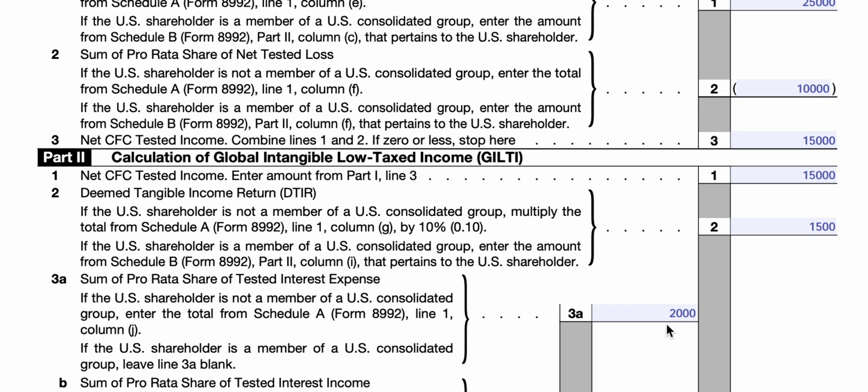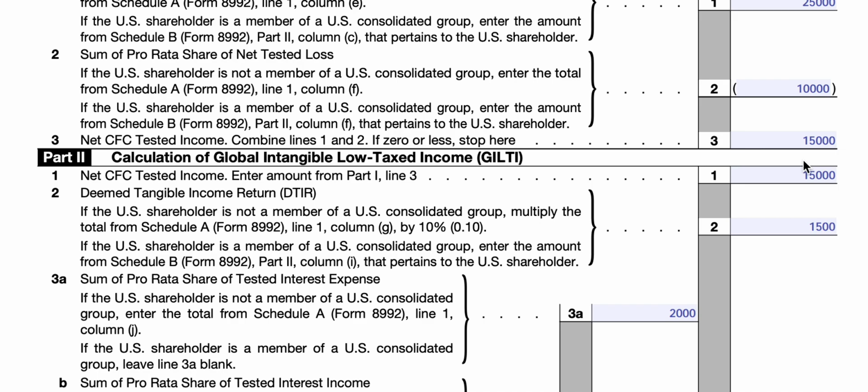But if for some reason the amount on line 3 is 0 or negative, then you can stop right here. So basically, if your net CFC tested income is negative or 0, then you don't need to complete the rest of the form.